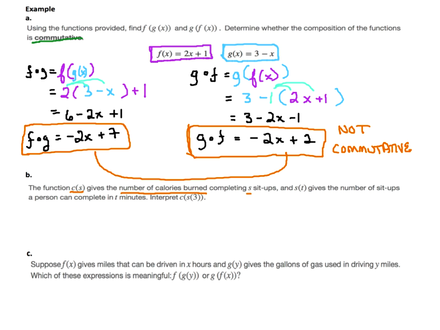So we've got our variable S defined here as sit-ups. And S of T, so here's another function, gives the number of sit-ups that a person can complete in T minutes. So we've got 2 functions happening here, and good thing because we are talking about composition of functions.